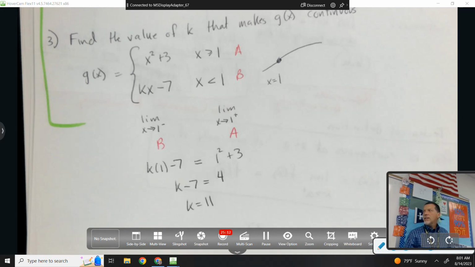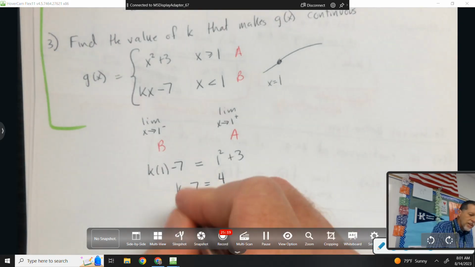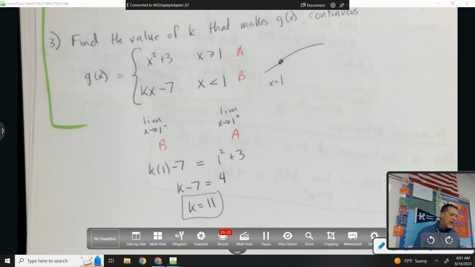So we used that idea of continuity, but we threw a little curveball in there. It was the same type of thing, same process, a different type of answer. So if k is 11, that forces continuity.